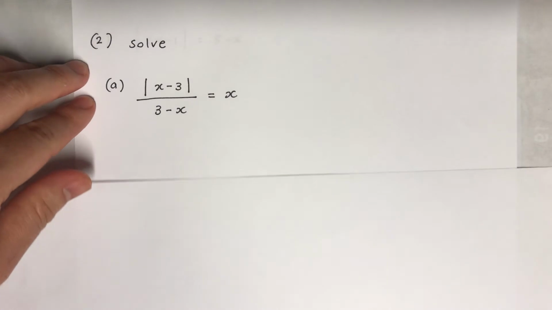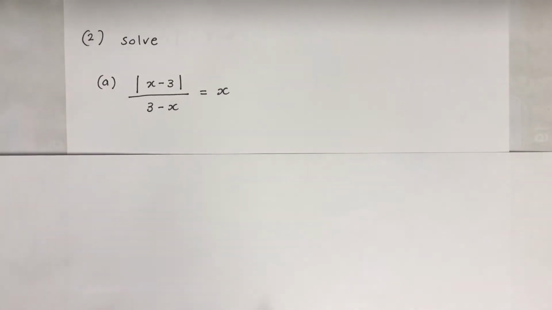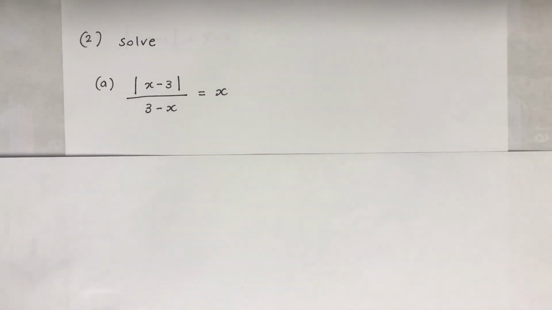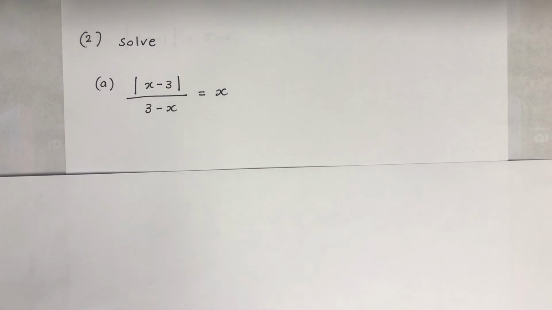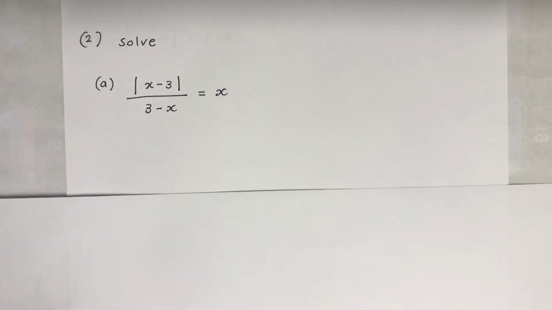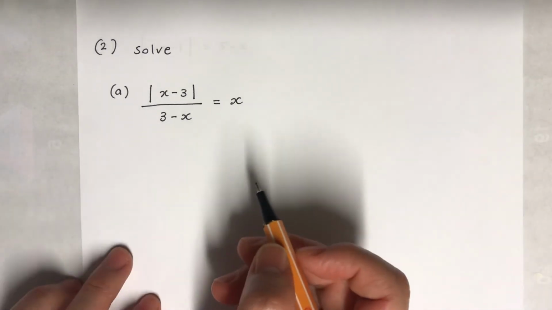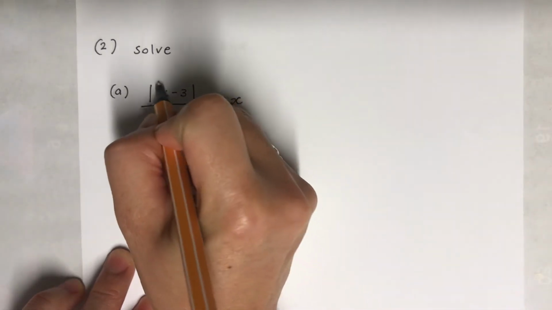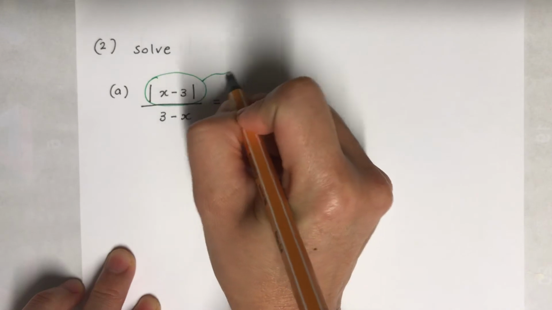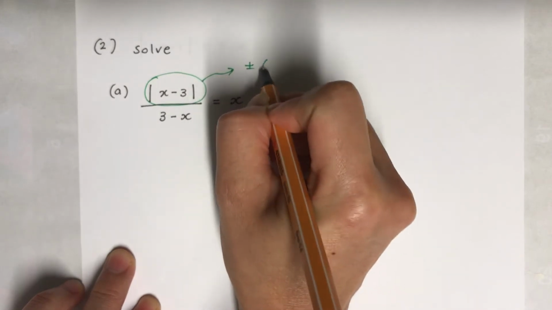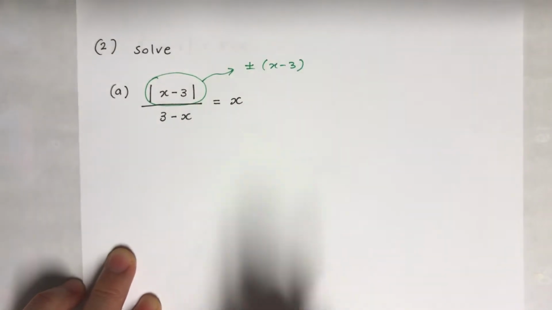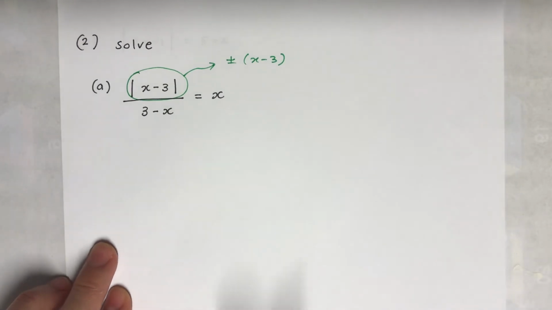Next one. This is not an inequality, but I'm just going to do this one. This is a bit harder, an equation with absolute value. So I'm just going to do this one for a little bonus question. Okay, so I'm going to take this off. Now here, you know that there's two things here: plus minus x minus 3.